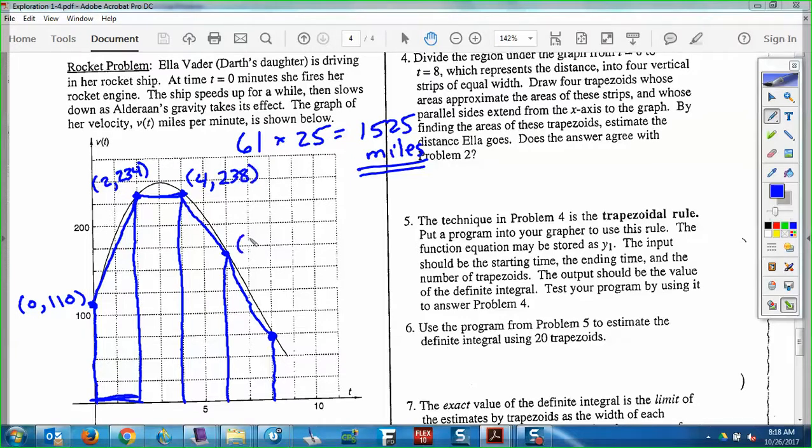And then this one would be 6 and 170. And this one would be 8 and 78. Okay, so there you go.